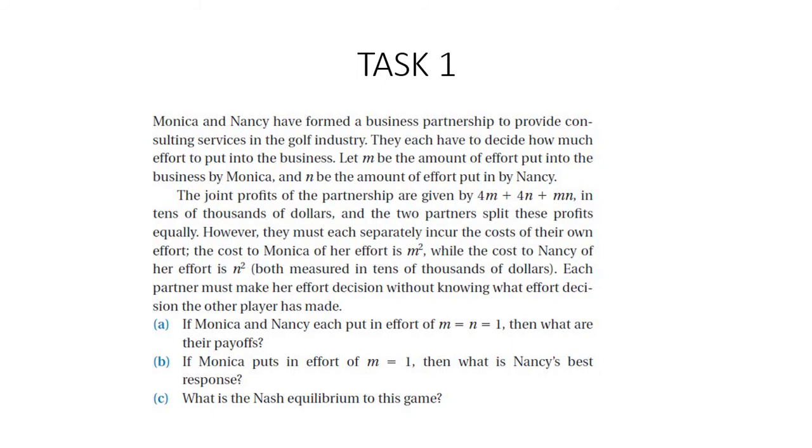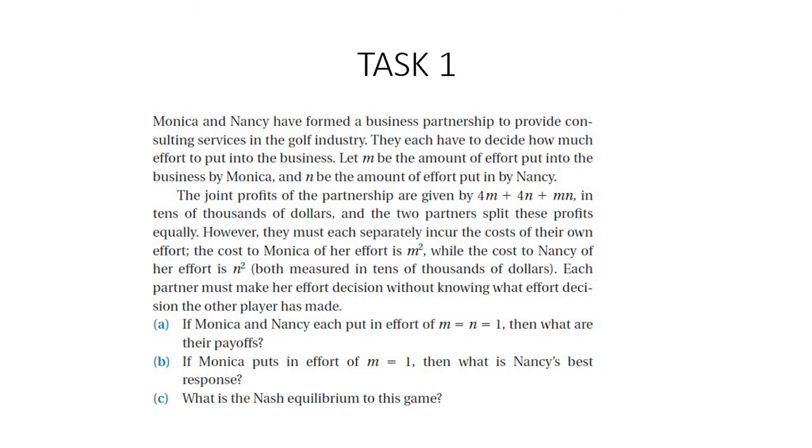Again, we deal with strategic uncertainty, which is perfectly fine for applying this notion of simultaneous games with pure continuous strategies. So, question A. If Monica and Nancy each put in effort of one, which corresponds to $10,000, then what are their payoffs?